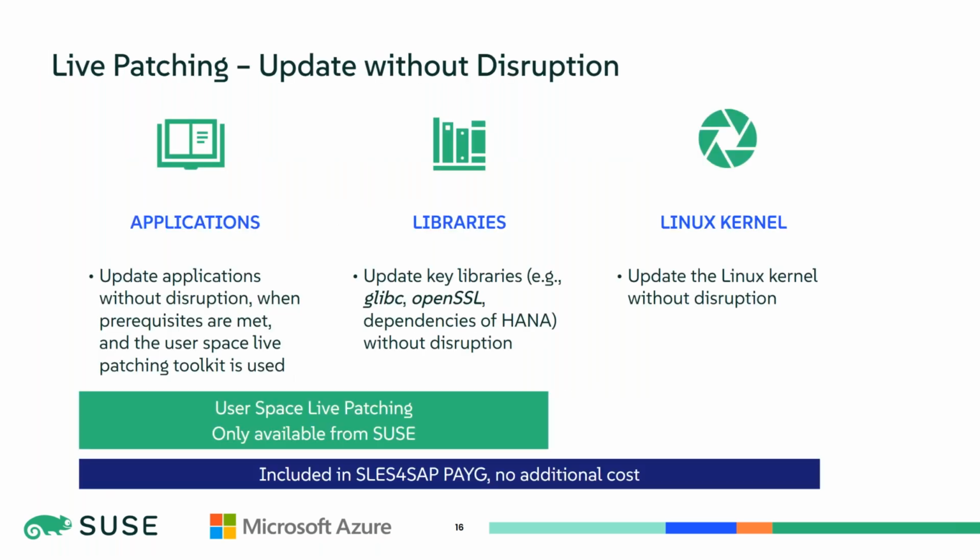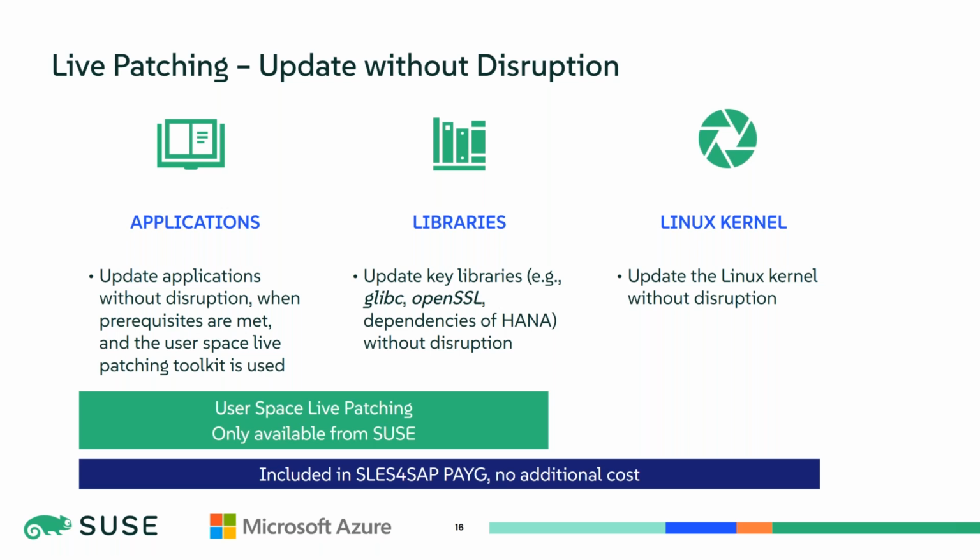So I have slides on the details. Regarding live patching, for many years SUSE has been supporting Linux kernel live patches. And for the past two years, we have extended live patching to user space, to applications and also libraries. In user space, a particular use case is for the libraries glibc and OpenSSL. We now provide live patches because they are dependencies of HANA.